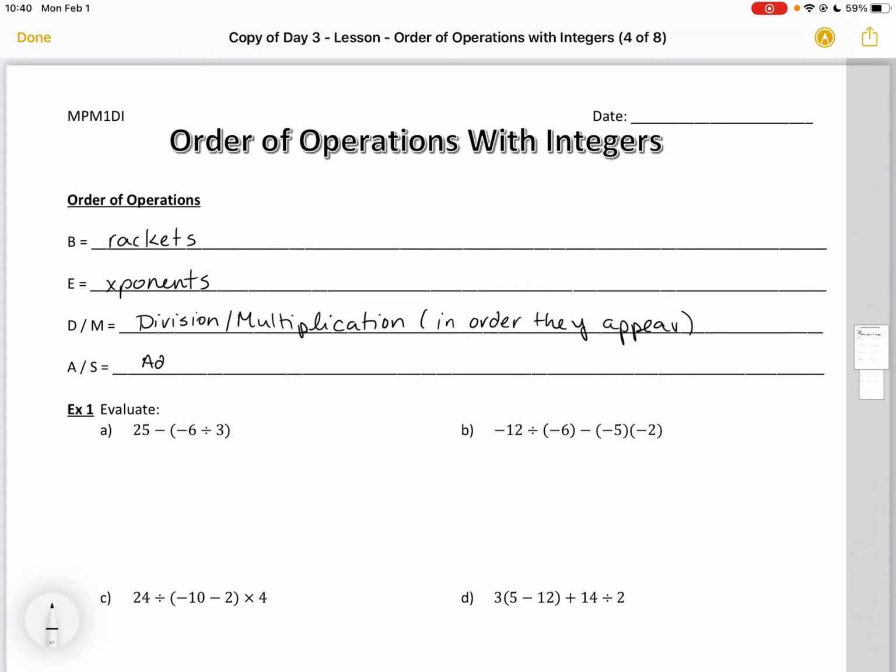And finally, addition and subtraction in the order they appear.